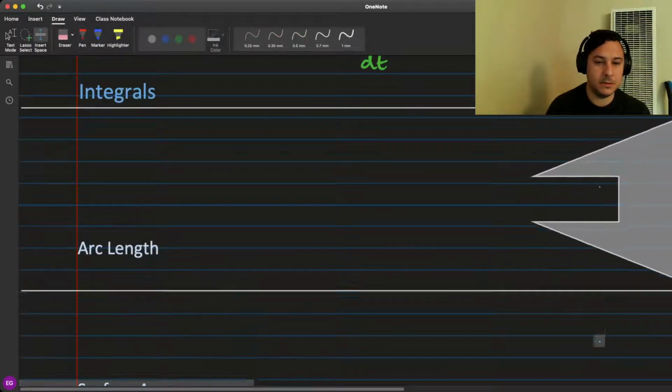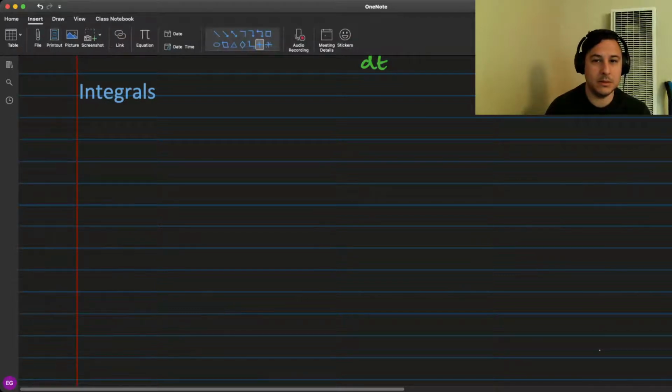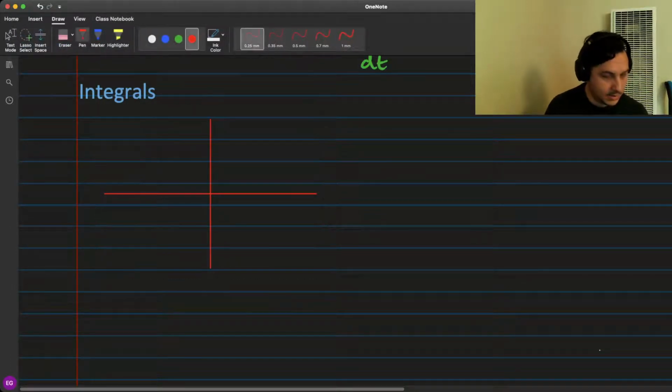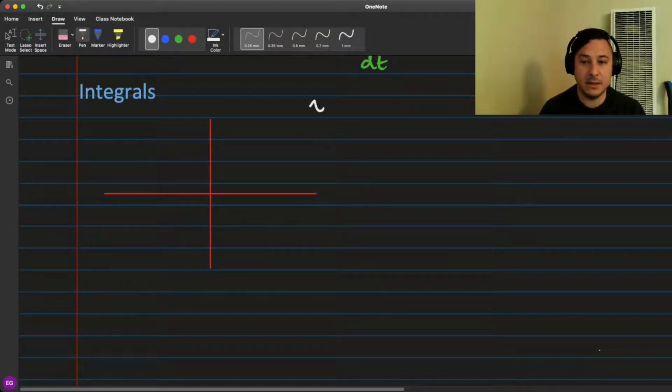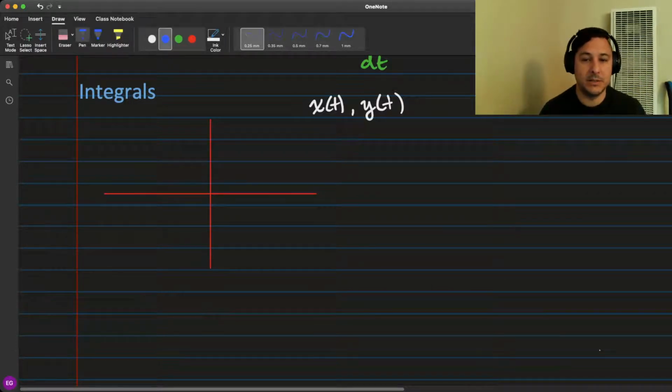So let's draw an axis. Let's say that you have some x of t, and you've got some y of t, and it gives you some graph. I'm just going to draw some random thing.